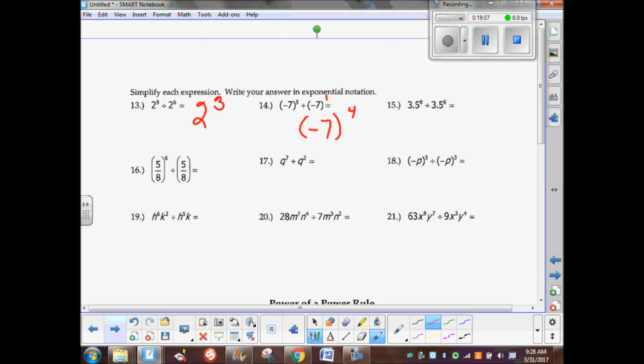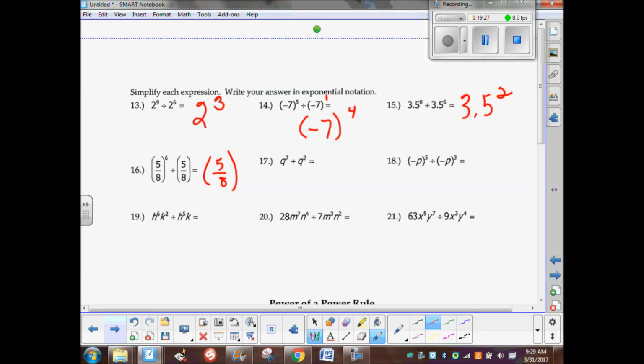Jacob. 3.5 in the second column. 16. Lucas. Yep. 5 to the 8th in parentheses, divided by 5 to the 8th.